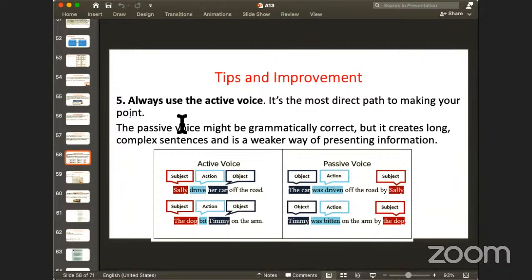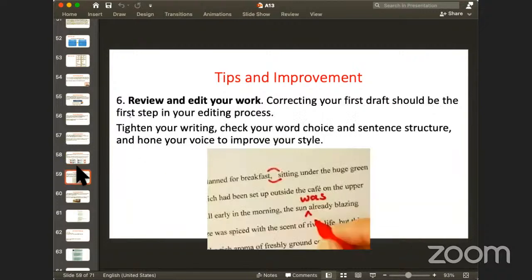All right, so next tip. We have to always review and edit your work. Usually when we write, we are going to write many times, and while you write, you're going to want to change some words. You're going to review maybe your sentences, your ideas.